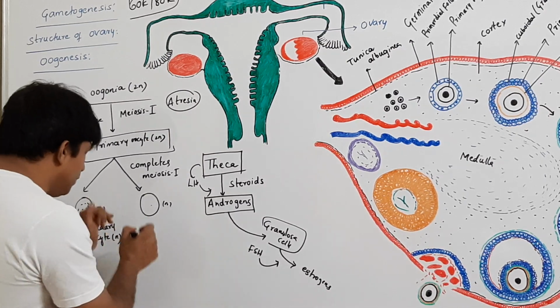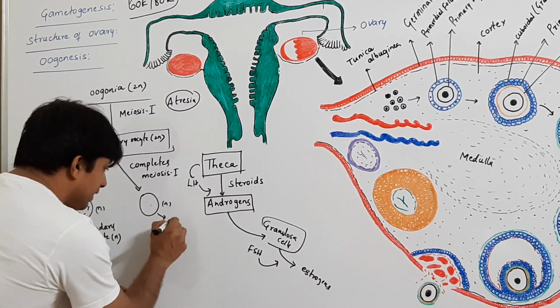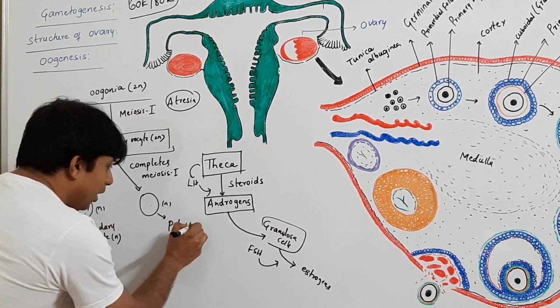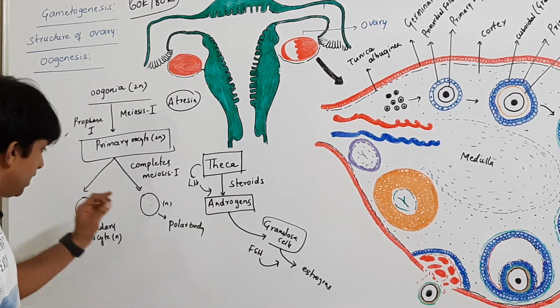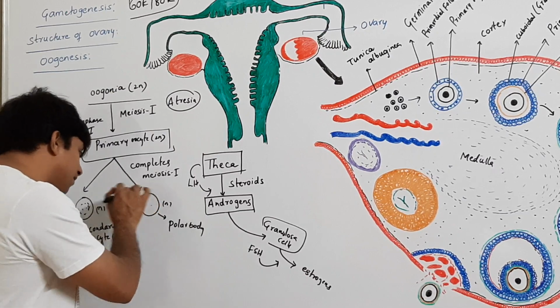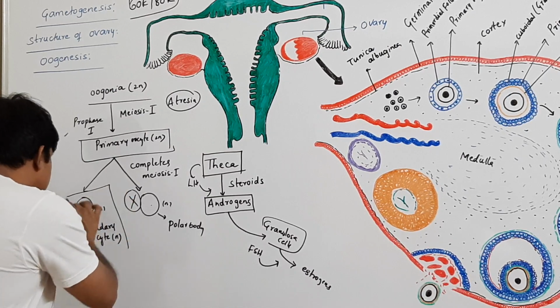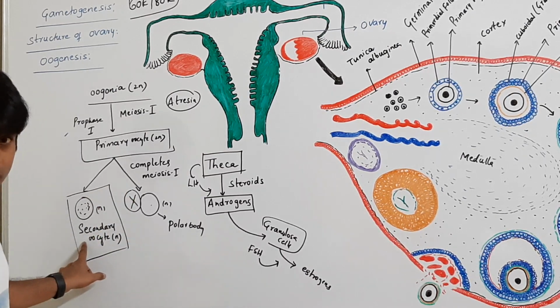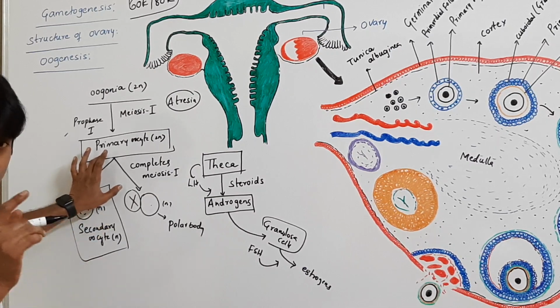The other one, which receives very little or negligible cytoplasm, becomes the polar body. Because it receives very little cytoplasm and nutrients, it no longer survives. There is only one secondary oocyte, which we call the ovum, formed from one primary oocyte.